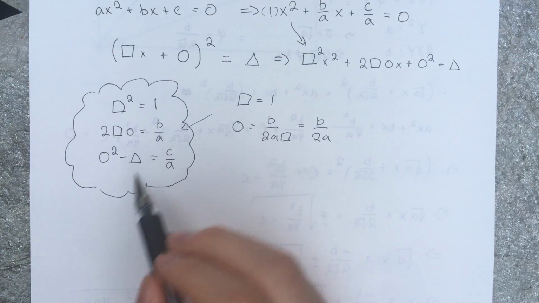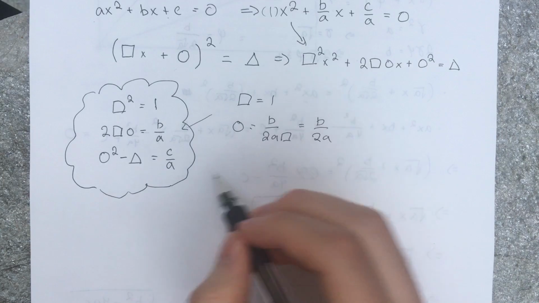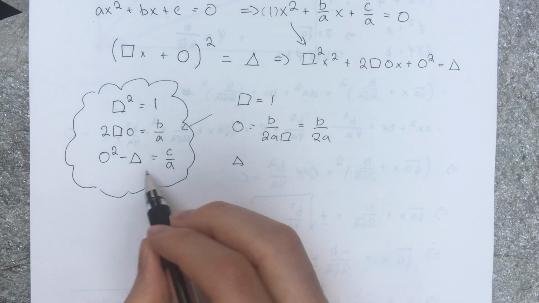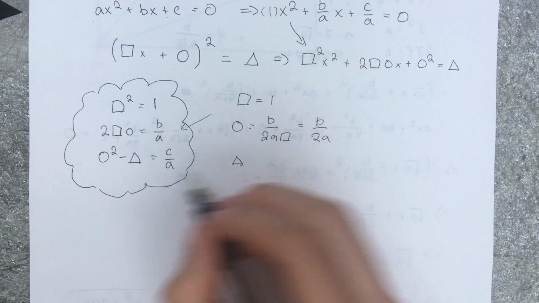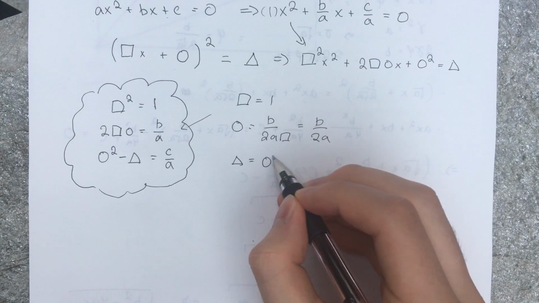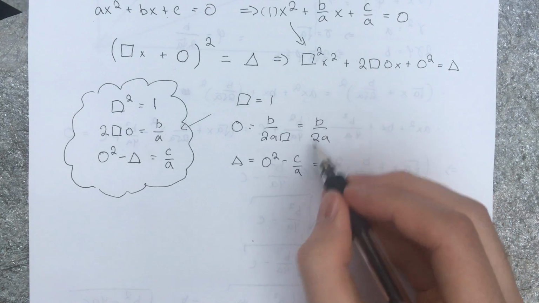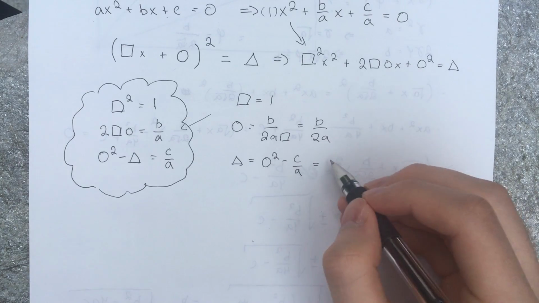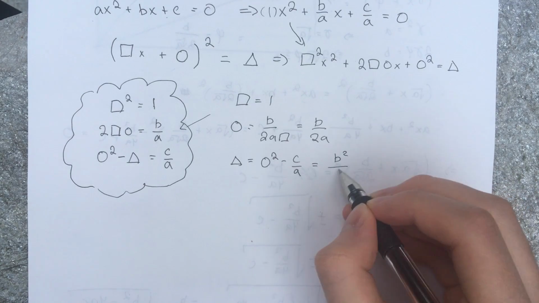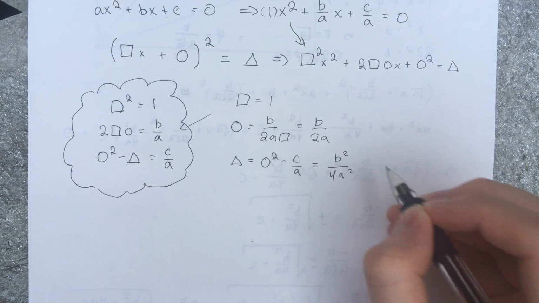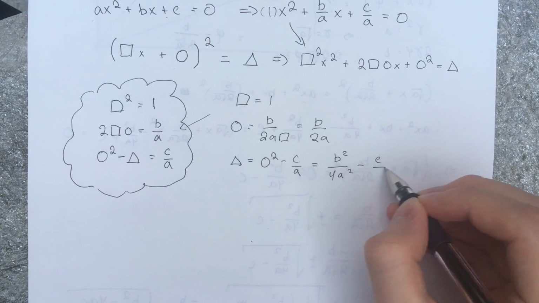And then we can solve for triangle with this last one by rearranging a little bit. So we'll get triangle is equal to circle squared minus c over a. And circle squared is b over 2a squared, so we'll get b squared over 4a squared minus c over a.